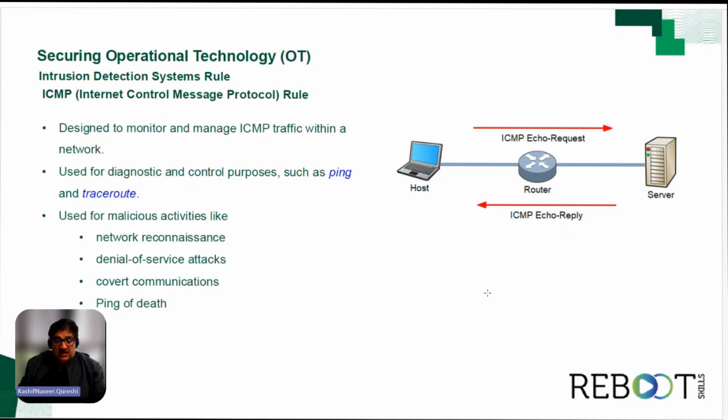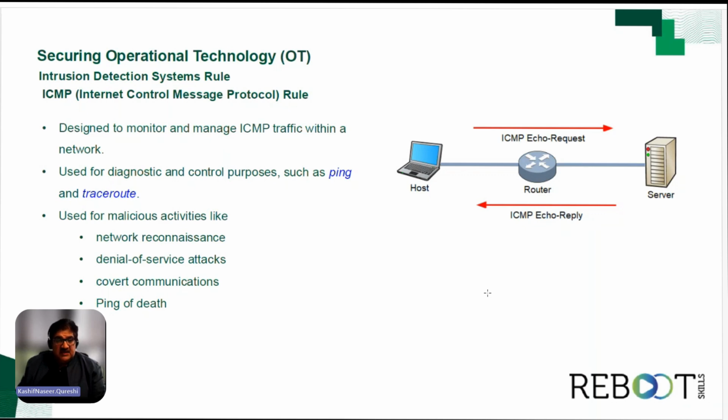ICMP is also used for malicious purposes. To manage all the traffic and protect the network from network reconnaissance, where attackers use ping packets, the echo request packet, to discover active hosts and map out the network as well.